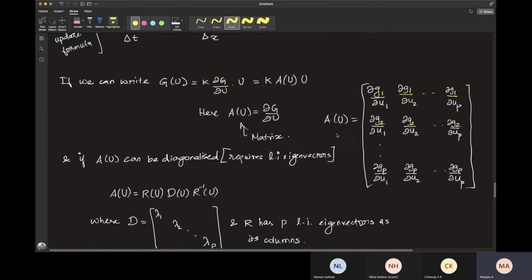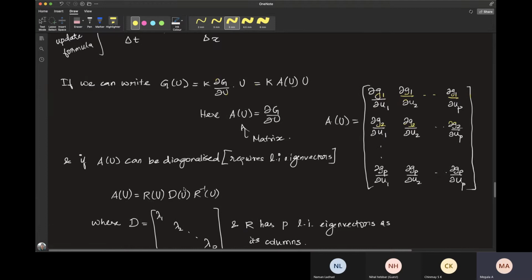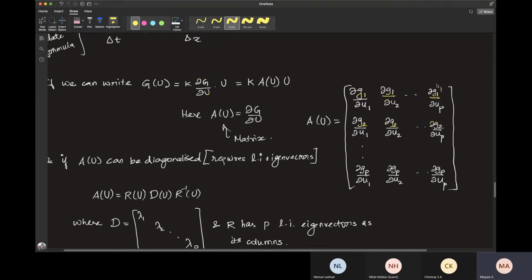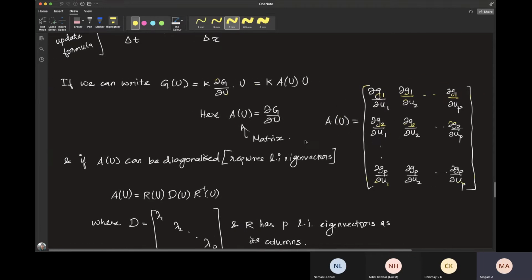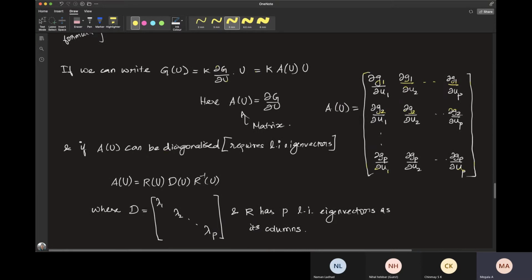Now, suppose this matrix A of u can be diagonalized. For diagonalization, we require linearly independent eigenvectors. These are things that we saw earlier when we were doing PDEs. To diagonalize a matrix, we require linearly independent eigenvectors. And we assume that our system has this property, that is, we have linearly independent eigenvectors for our dou g by dou u matrix.